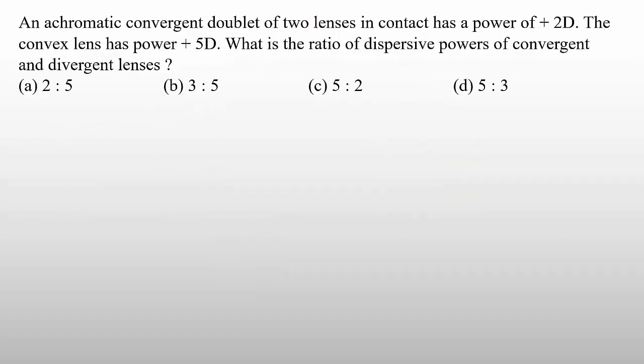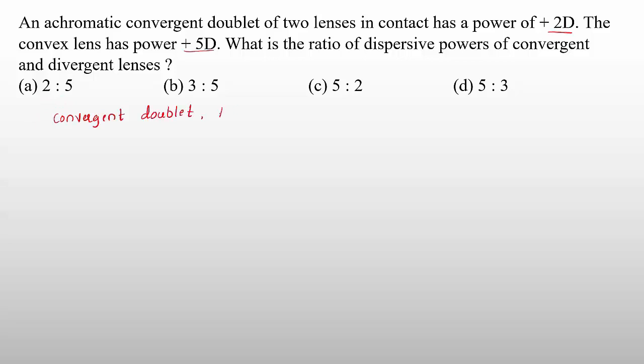A convergent doublet of two lenses in contact has a power of 2 diopter. The convex lens has power 5 diopter. What is the ratio of dispersive powers of convergent and divergent lenses? See here, the convergent doublet having power 2 diopter and the convex lens is having power 5 diopter. So let us write convergent doublet.